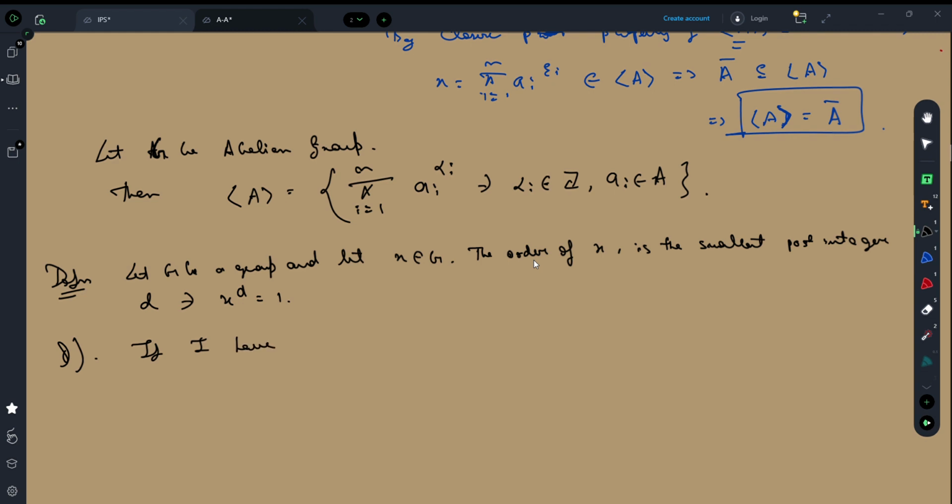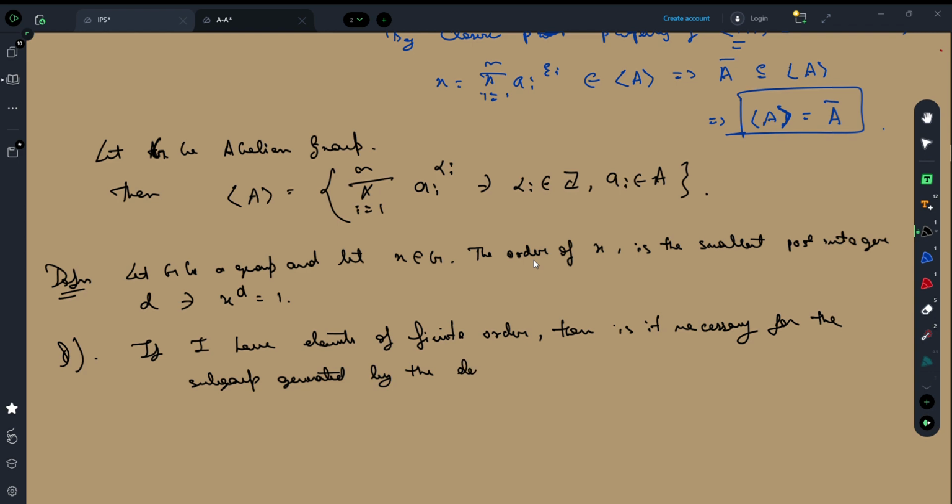That's my question. Okay. So my question is, if I have elements of finite order, then is it necessary for the subgroup generated by the elements to be of finite order?